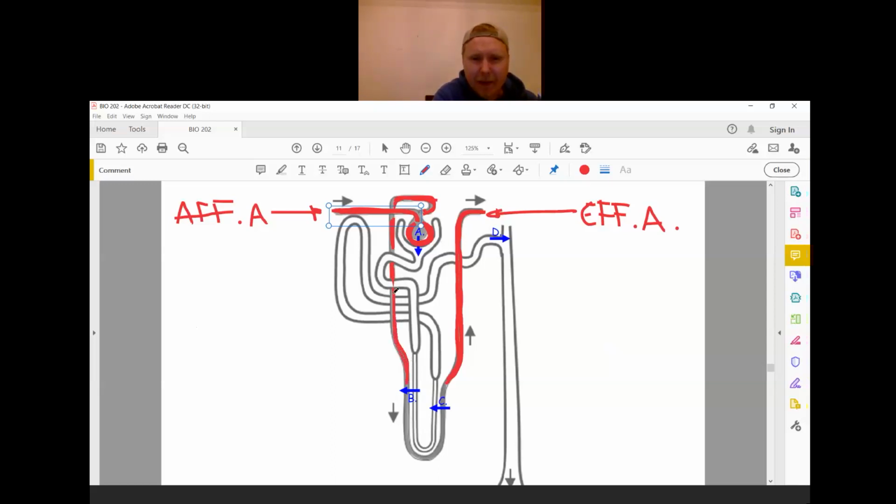We'll see the purpose of that in terms of physiology in just a moment. But I'm going to label our glomerulus here.